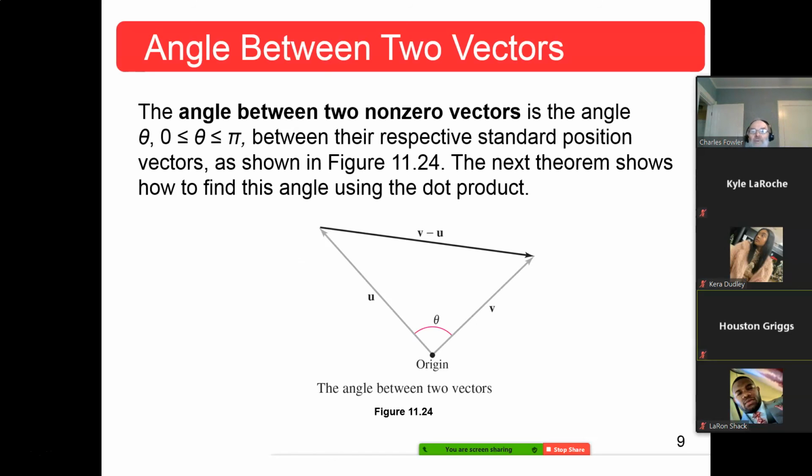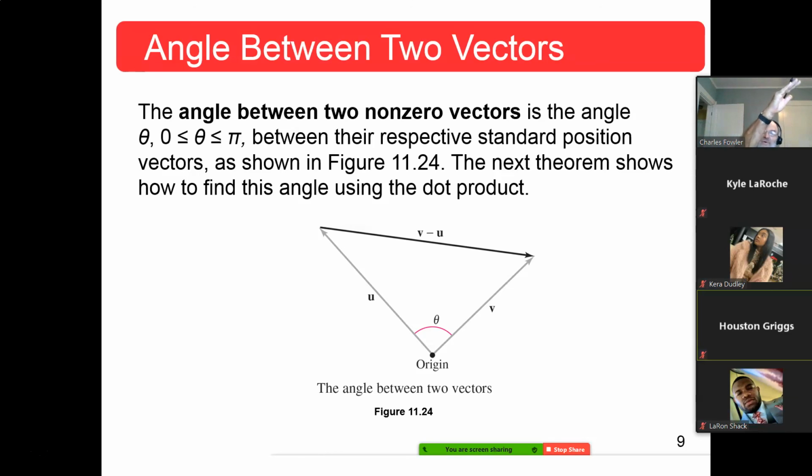The angle between two non-zero vectors, now of course the angle between them implies they're not the same vector, is the angle theta, and it's going to be between 0 and pi.